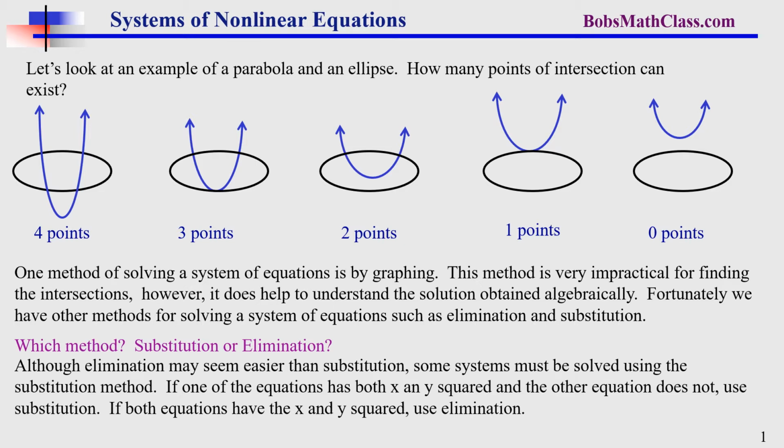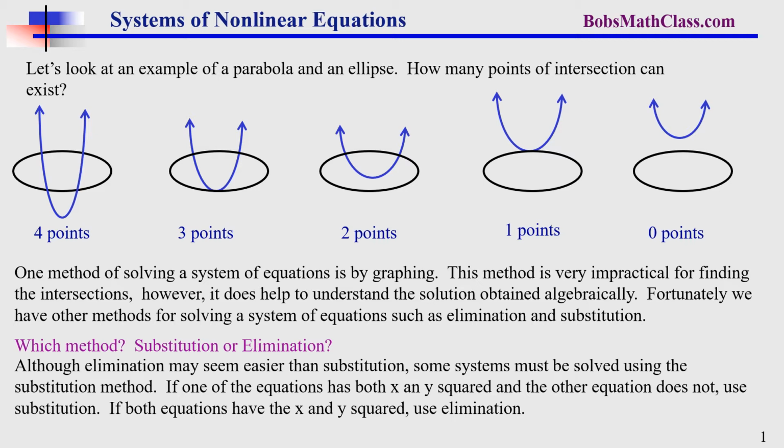Okay, so then we have an issue of which method, substitution or elimination. Definitely elimination is easier, right? But we can only use elimination if all the exponents match. So if in the top row both variables are squared, and in the bottom row both variables are squared, then we could use elimination.